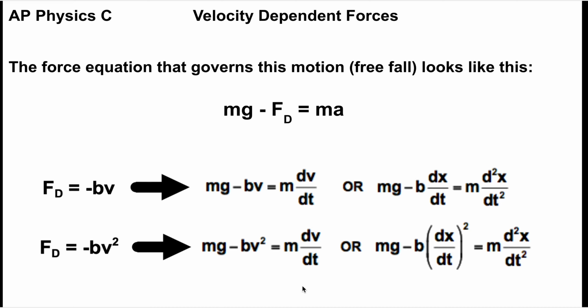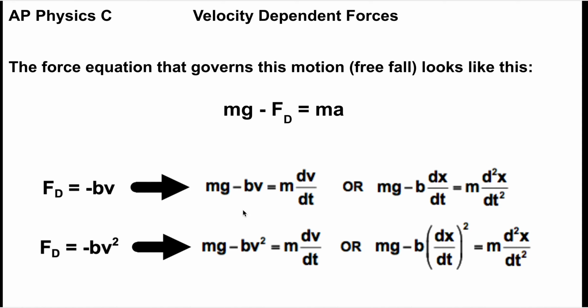If we were to take this force equation and in each case replace the drag force with its functionality with v, so for example mg minus bv equals ma, and then we replace the a with dv/dt, this now has been written as a differential equation in terms of the velocity v.